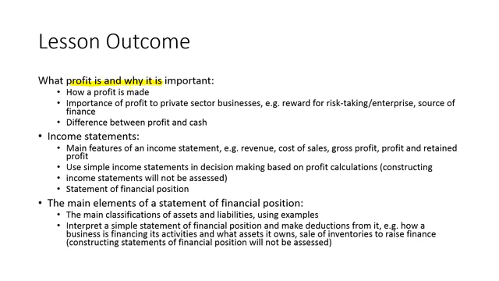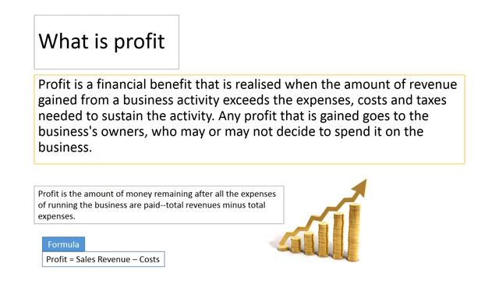We will understand how profit is made, and the difference between profit and cash, and then we will move on to understanding what an income statement is and its main features, and we will understand the statement of financial position, also known as the balance sheet. We will also understand the main elements of the statement of financial position.